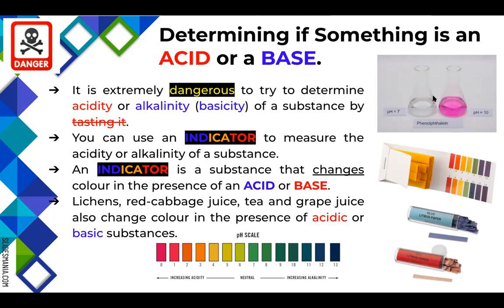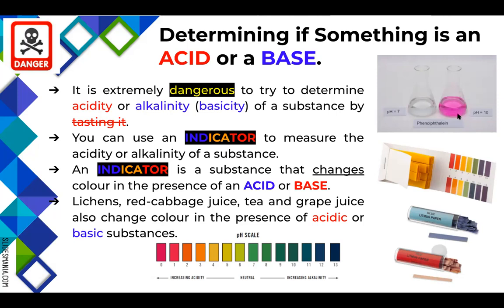Phenolphthalein only changes color to this fuchsia pink color if it's in the presence of a base. So if you add phenolphthalein to a solution and it turns pink, then you have a base. And how pink or fuchsia it is increases depending on how basic your solution is.